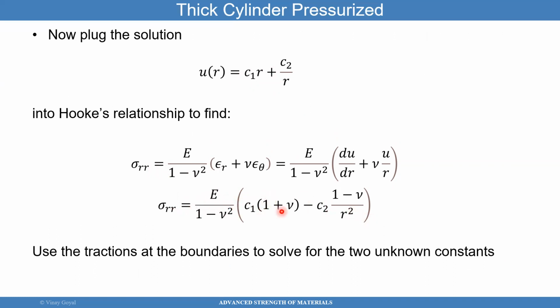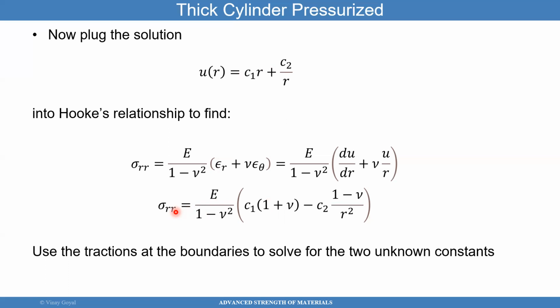Now, how can I use that? Well, you asked me the question: how can I use the tractions? Have I introduced pressure yet to the problem? I haven't, but I will now, because I know something. Isn't sigma RR the stress that's radial? So sigma RR is going to take a value of pressure at the surface.